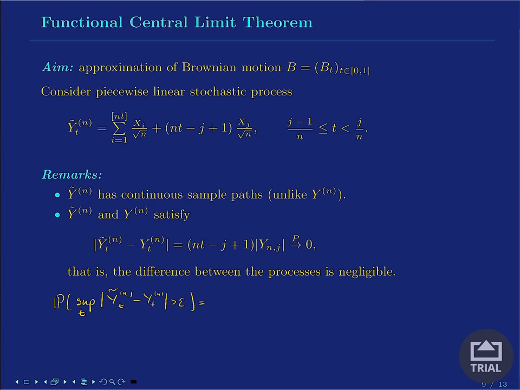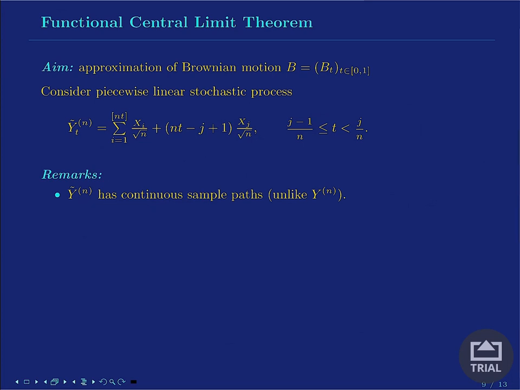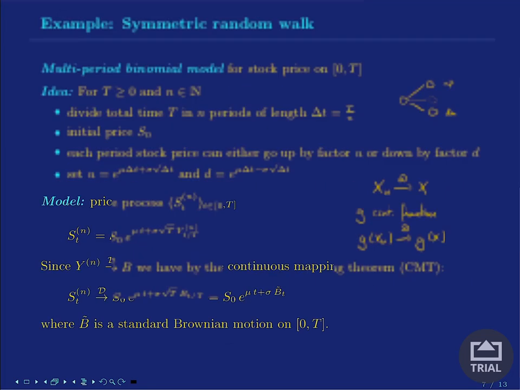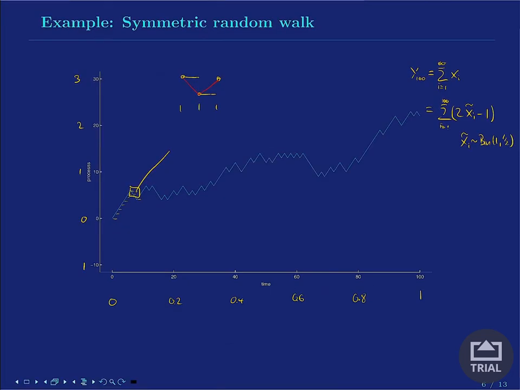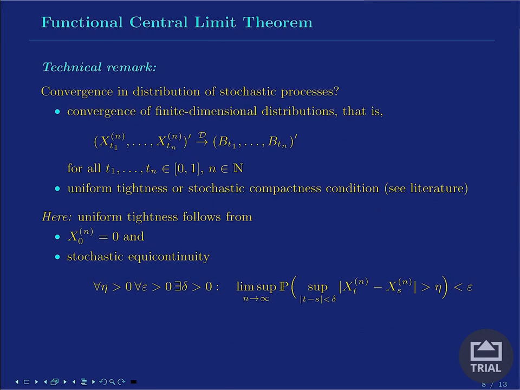Now, from the picture that has been drawn here, it's clear that the difference between the red line and the yellow line is exactly attained at one of these points where the original process has added or subtracted a new value plus or minus 1.